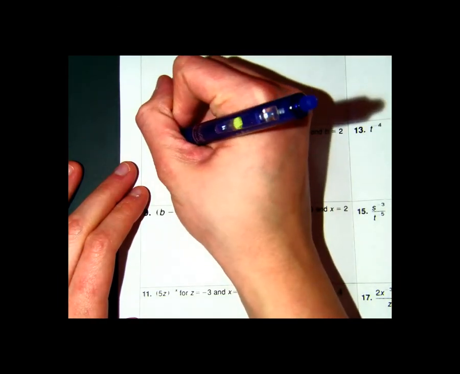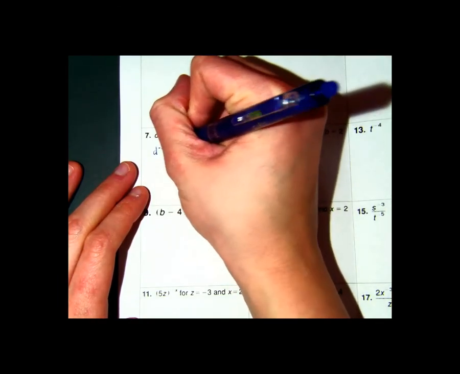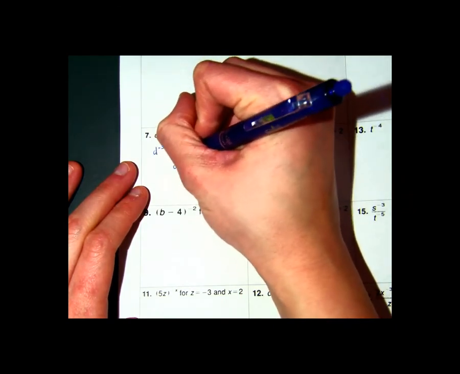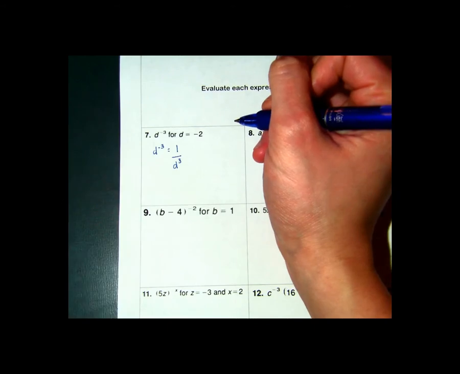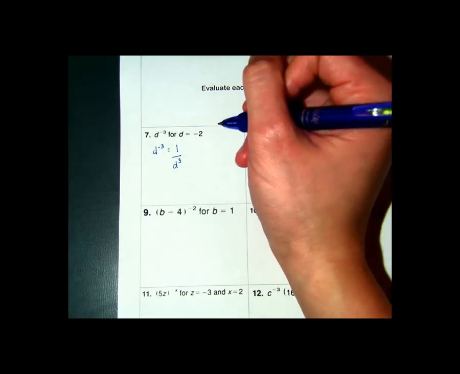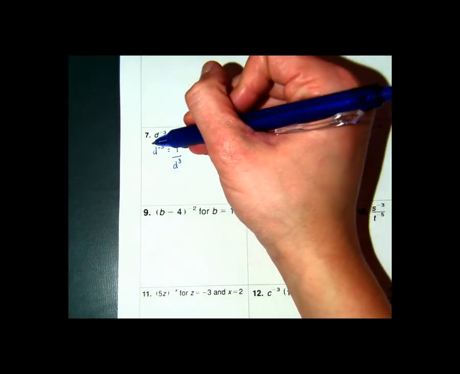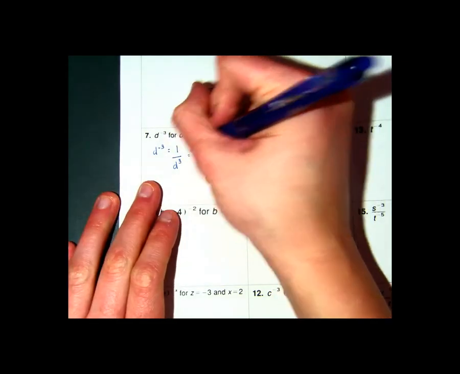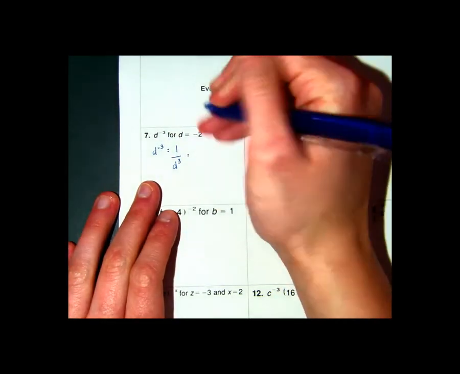So if I'm simplifying d to the negative 3rd power, I'm going to have 1 over d to the 3rd power. It's no different than what we did on the front, except we now have a variable. I'm then, because I am evaluating, going to plug in negative 2.